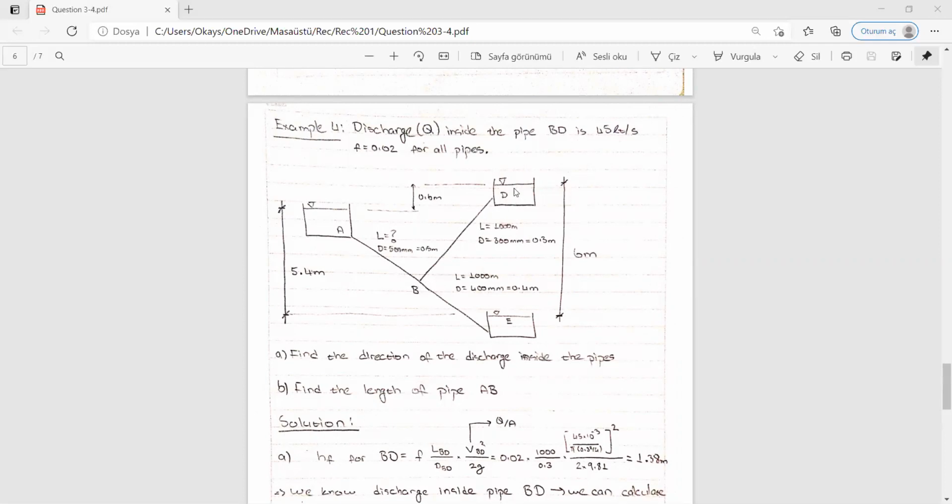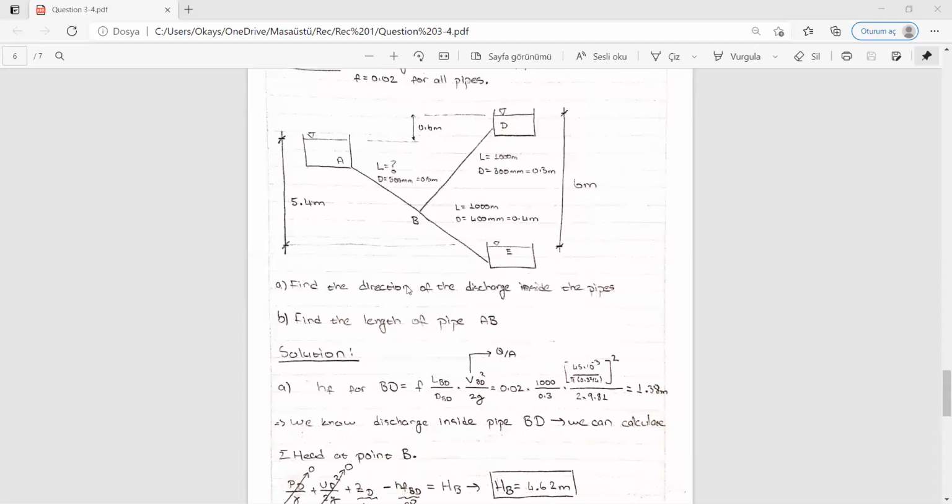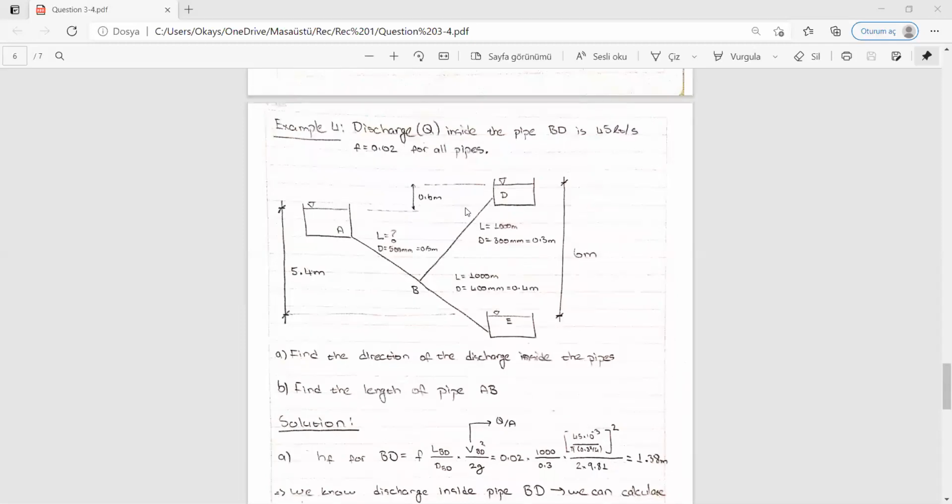So for pipe BD, the discharge is given as 45 liters per second, and the F value is given as well. By the way, for this question, it says ignore the minor head loss, okay?